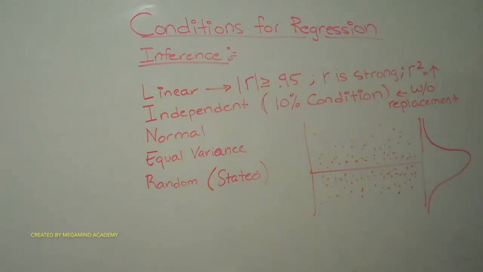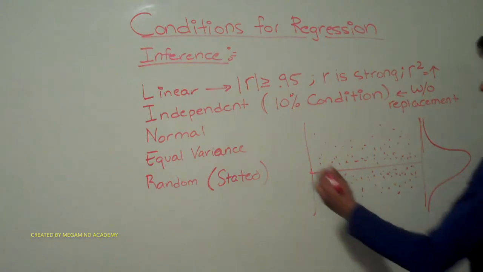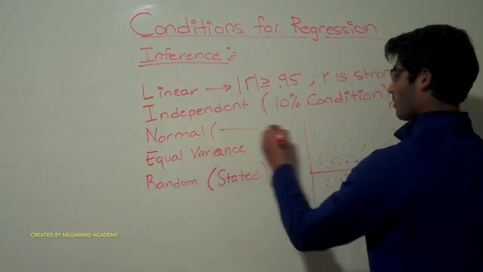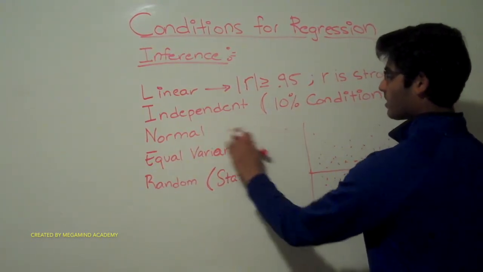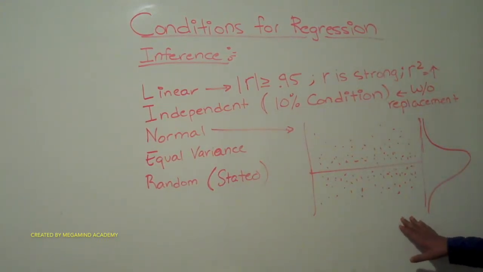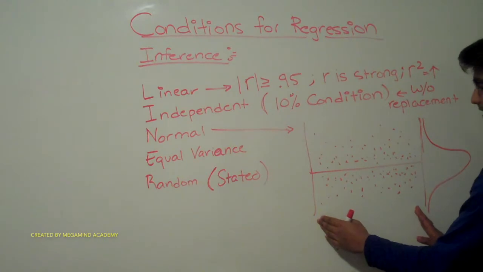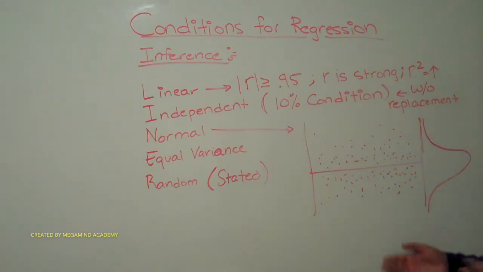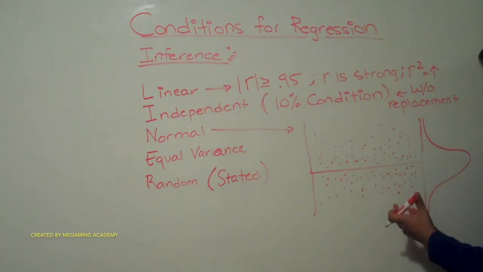Now let's talk about equal variance. Equal variance also has to do with the residual plot. This time we're only looking here. We basically want to see if the points are evenly spread out with each other.